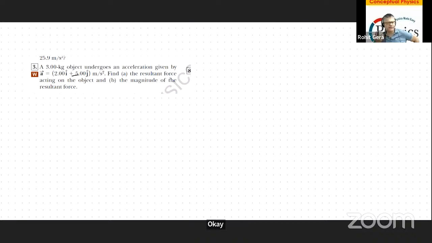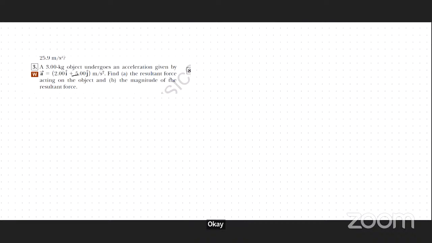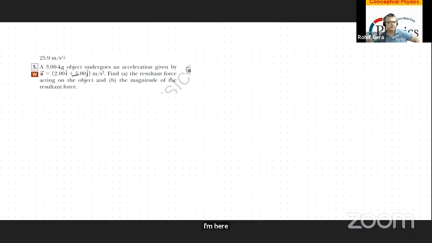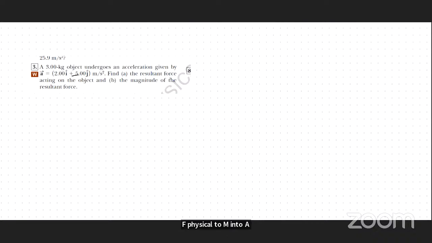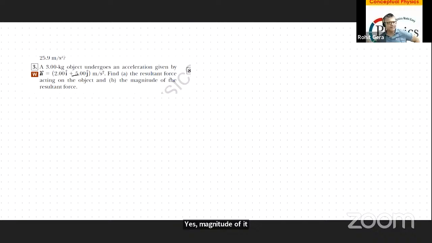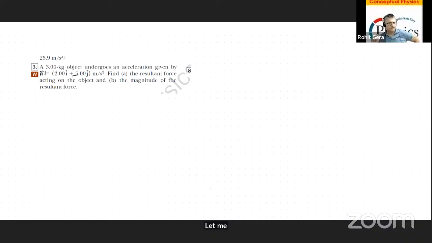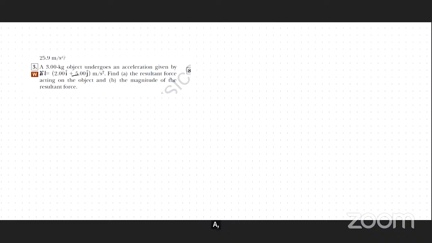So acceleration and force एक ही direction में होंगी, right? हाँ जी, F is equal to m into a. A part or B part? Which one are you referring to? B, you're referring to B part. Magnitude of resultant force. यस सर, ठीक है.